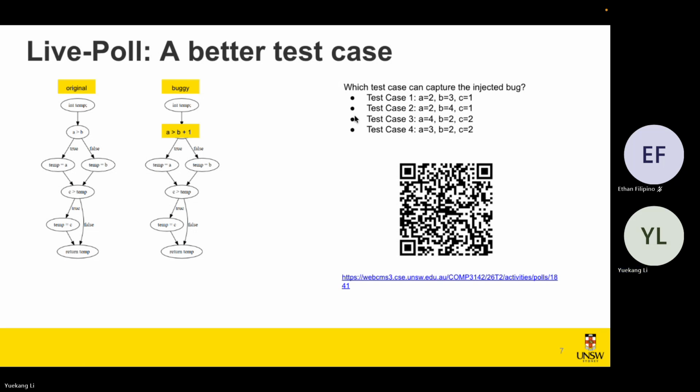Which test case do you think can be used to capture this injected bug? Capturing the bug means it will cause the program to generate different results across these two versions of the program. So which test case can capture the bug?